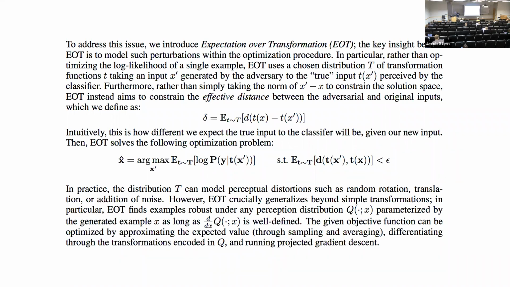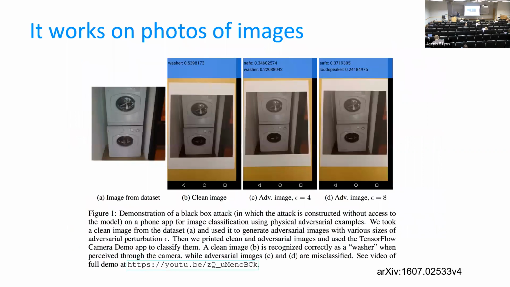Okay, so this is another approach, based on the observation that in the wild, when we actually want to use neural networks, say on a surveillance camera for classifying whether there's a robber outside your house, it's going to have to deal with not clean data.